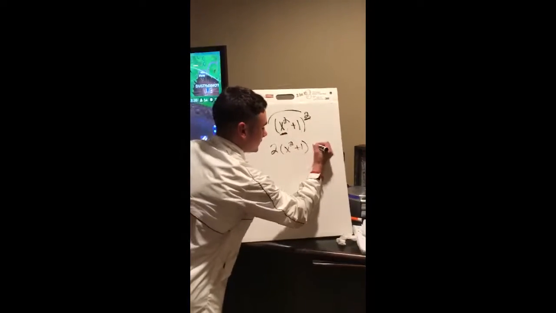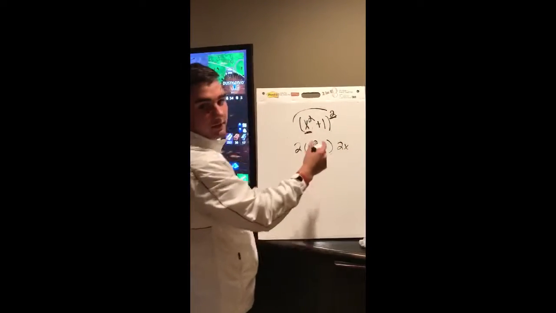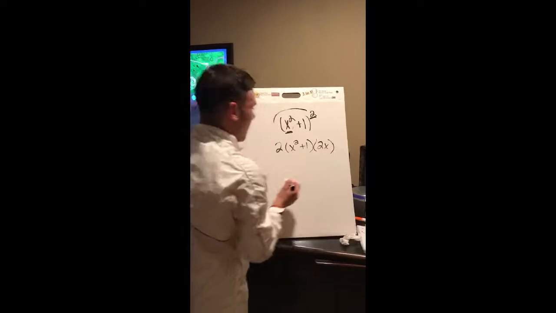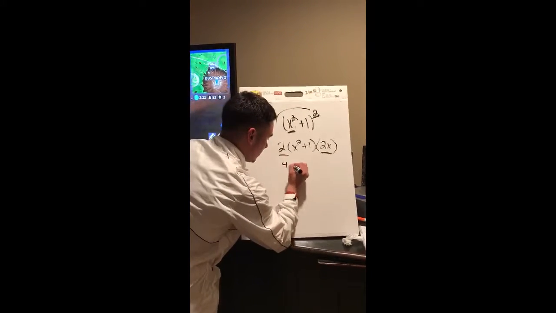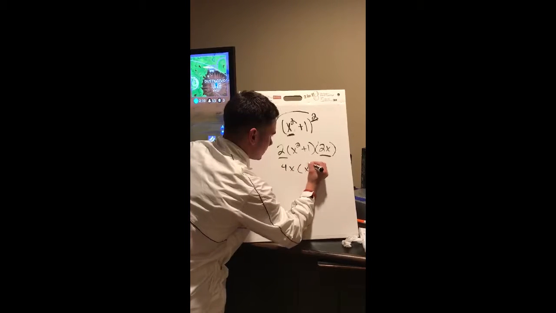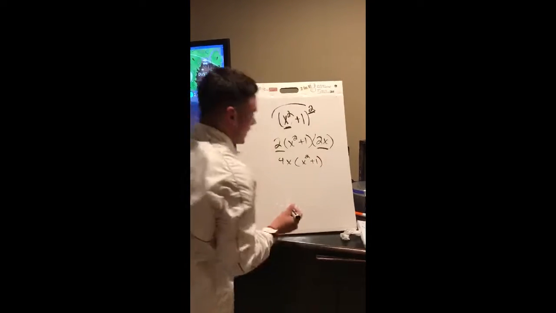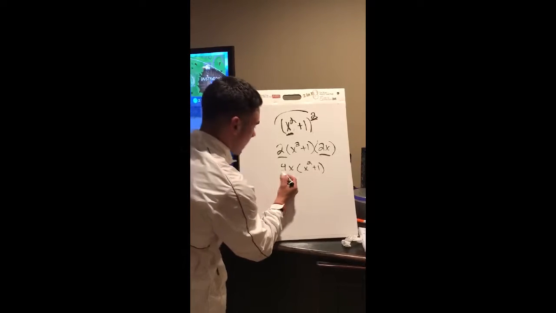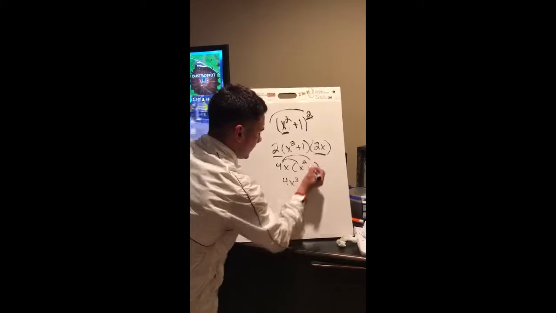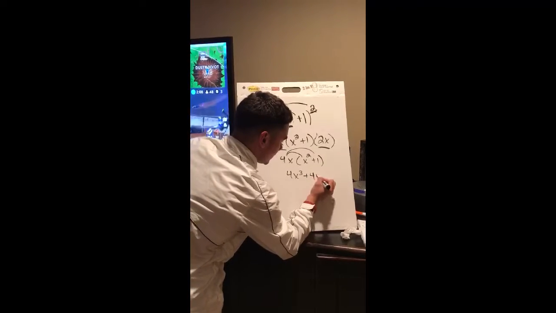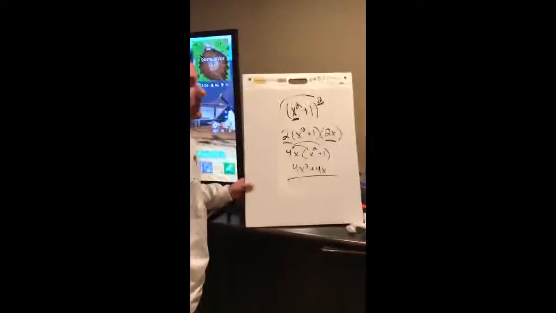The x squared goes to a 2x, and that turns into a 0, so it doesn't multiply by anything. And then you just have to multiply this out. 2x times 2 is 4x times x squared plus 1. Then you just multiply these. It should go to 4x cubed, and then be plus 4x, and that's how you do the chain rule.